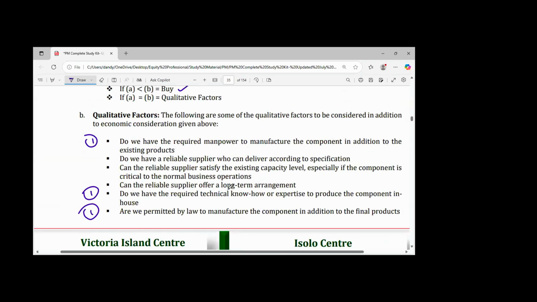The first factor you need to take into consideration whether to contract it to an outside supplier is that you need to ask yourself whether, as a company, we have a reliable supplier who can deliver according to specification. What do you mean by specification? As you want your product to be, can the reliable supplier deliver according to that specification?